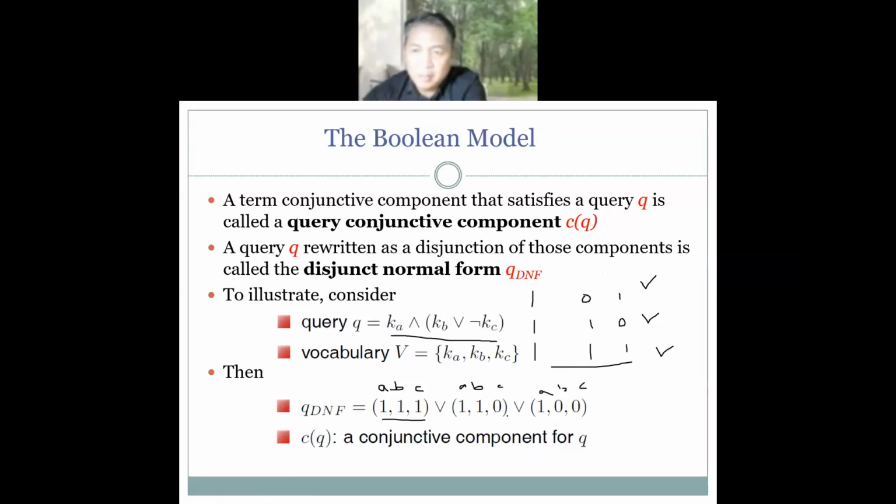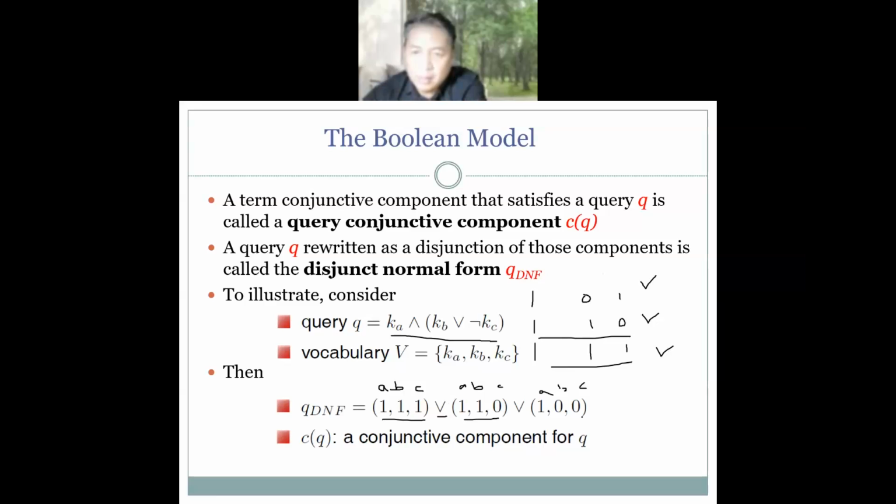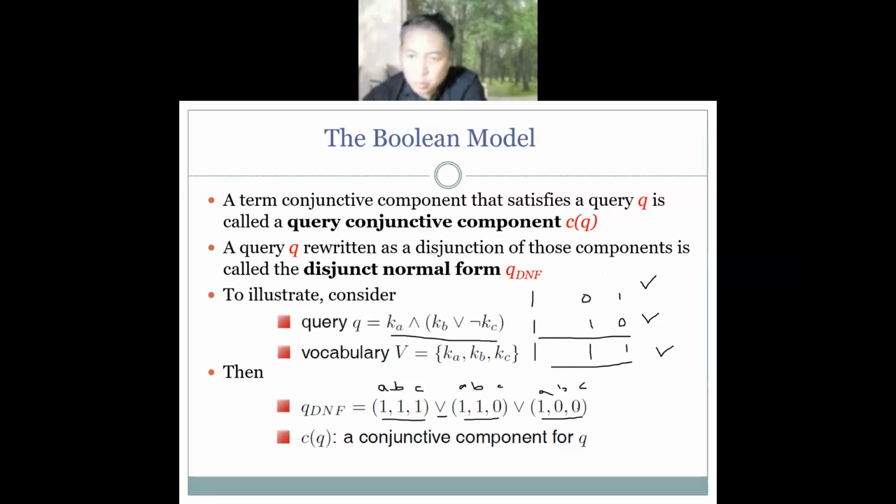This 1 and 1 is this. Oh, because we use OR. This one is supposed to be 1.